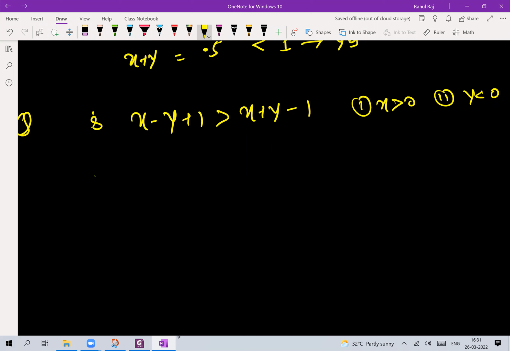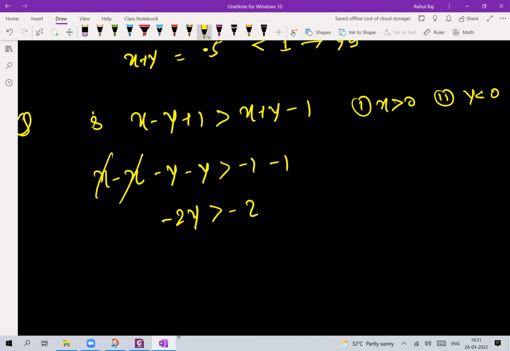So can I transpose the variable again? X minus y greater than -1 -1. X minus x cancels off. -2y greater than -2. And if I divide by -2, what happens? Is y less than 1.